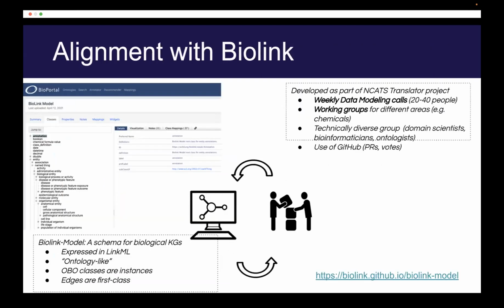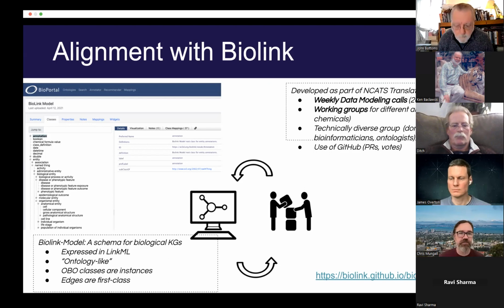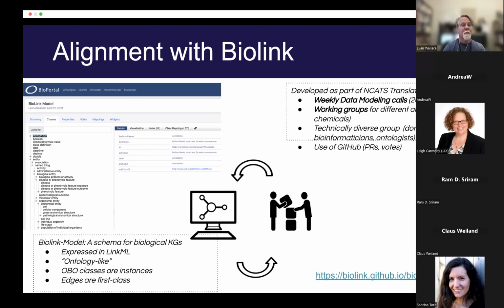And then there's still ongoing work with aligning COB with a number of other upper ontology efforts. So this is one project that, with my non-COB hat on, I'm part of: this NCATS Biomedical Translator project. This is the National Center for Advancing Translational Science. I think there's some people from that project on this call just now.